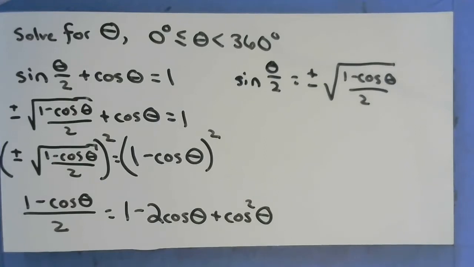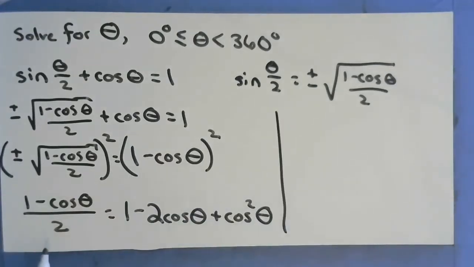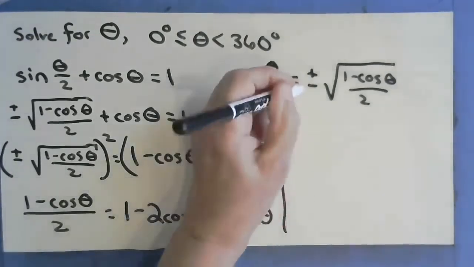The next step, of course, since it's a quadratic, is to get everything on one side of the equal sign and 0 on the other, so we can apply the zero product property. First, I multiply both sides by 2.